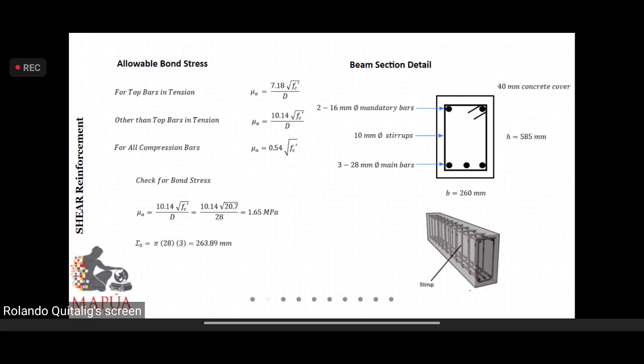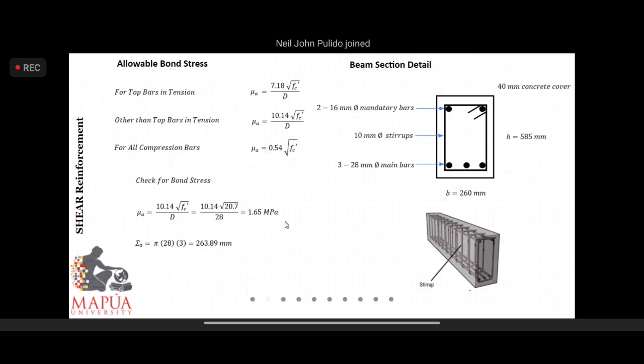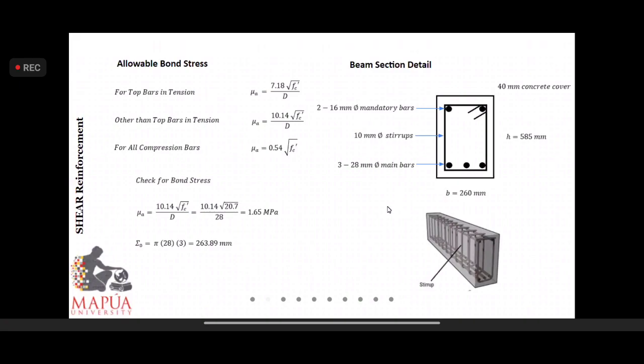And then we compute for the actual. So this will be the perimeter of the considered diameter of reinforcing bars, 28 times 3, because we are dealing with 3 main bars here.